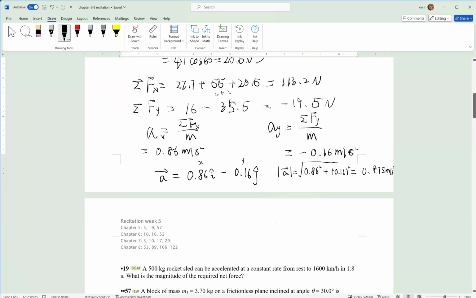The angle. The angle, actually we can kind of like draw it. So this will be our acceleration, look like this. This is 0.86, and then this is 0.16. So your angle, I'm going to write it here. Angle will be inverse tangent y over x, okay? So it's 0.16 over 0.86.